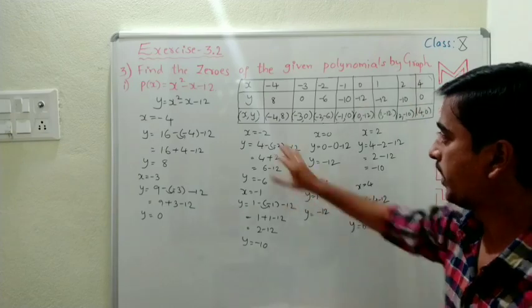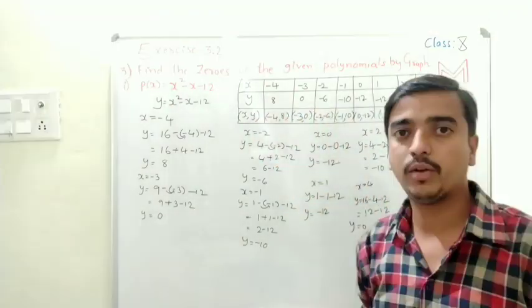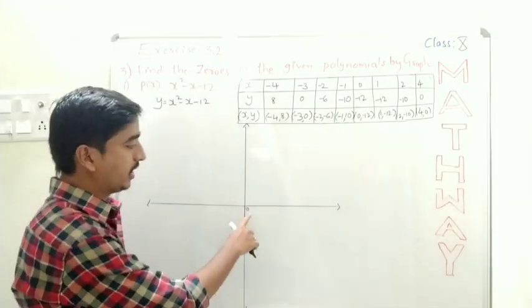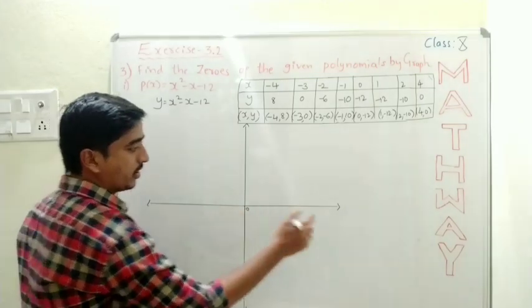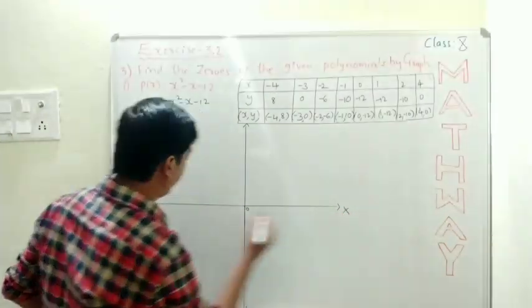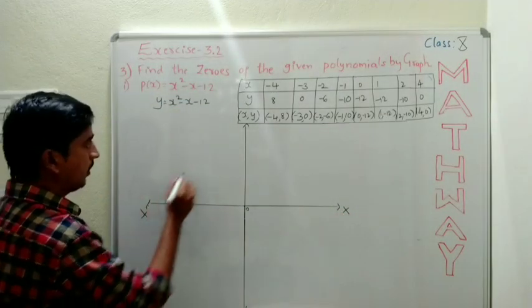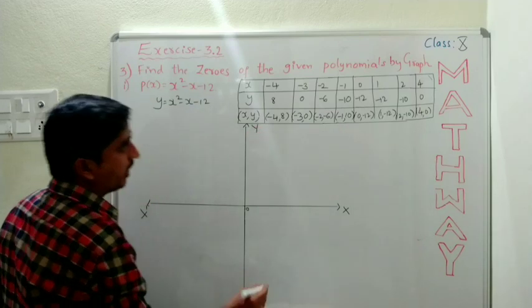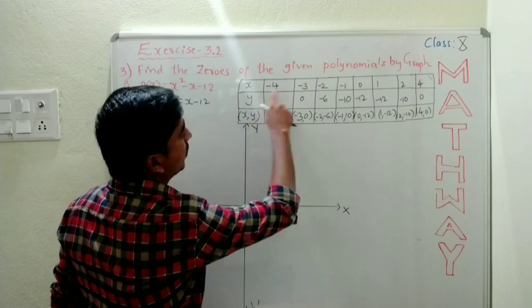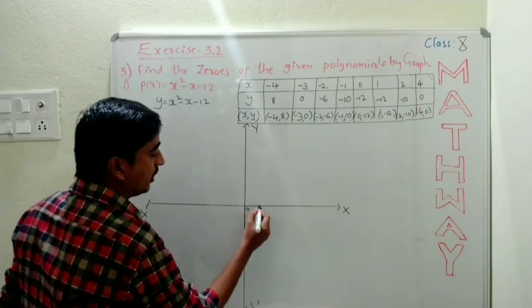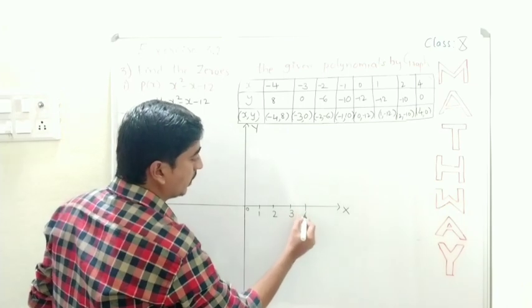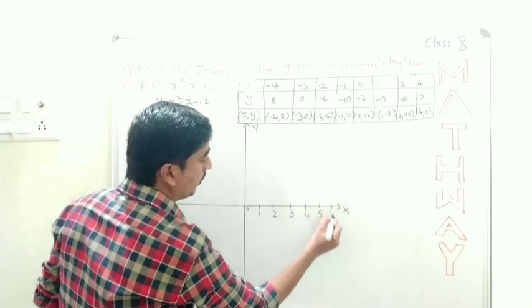So now by plotting these points on the graph paper, we can find where the graph intersects the x-axis. The center point is the origin. The horizontal line is x, x dash. The vertical line is y and y dash. By observing the x values, we can take each unit as 1 centimeter: 1, 2, 3, 4, 5 and 6.